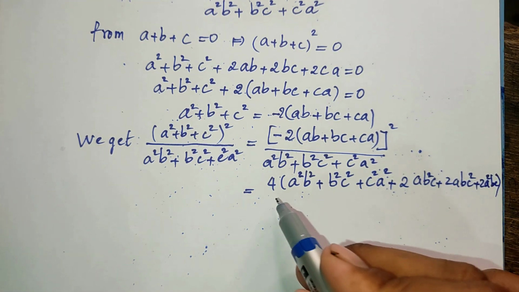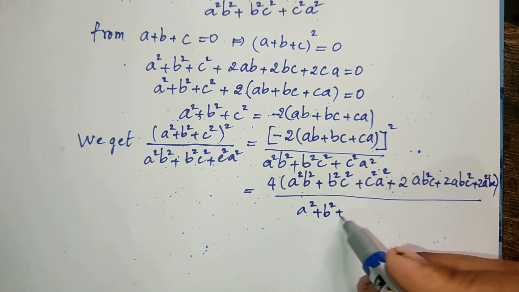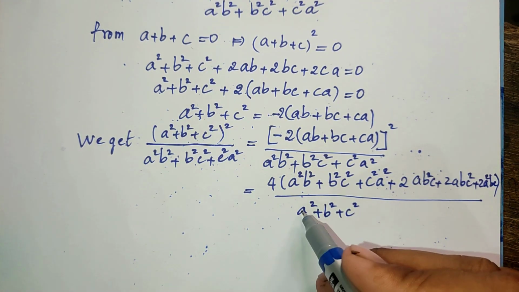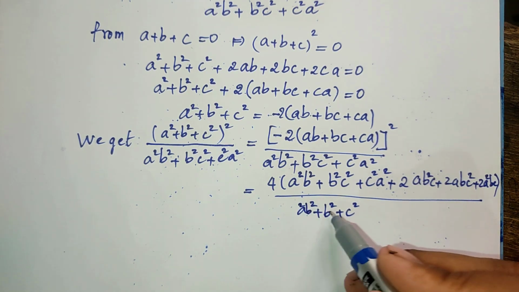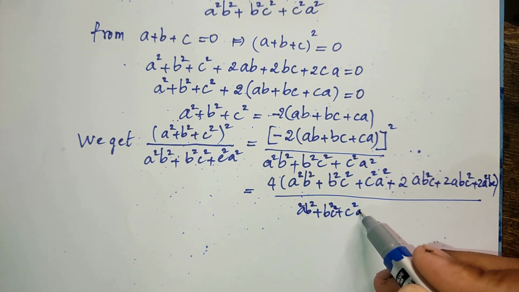Okay, now divide by A squared B squared plus B squared C squared plus C squared A squared.